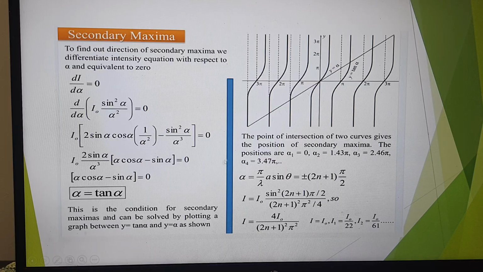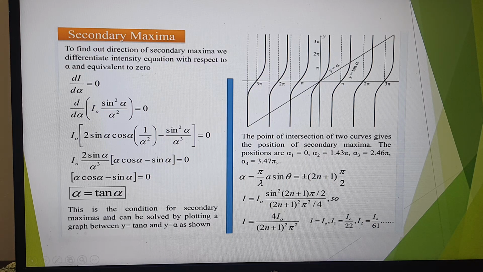Secondary maxima, we can see the diagram here. This one will be the center, and here it will be the plus values on x, and here it will be the minus values. That's why we are representing plus or minus pi values.